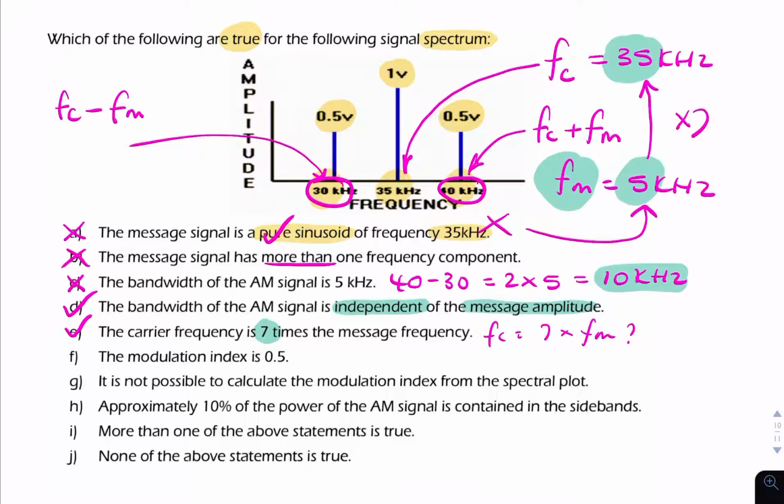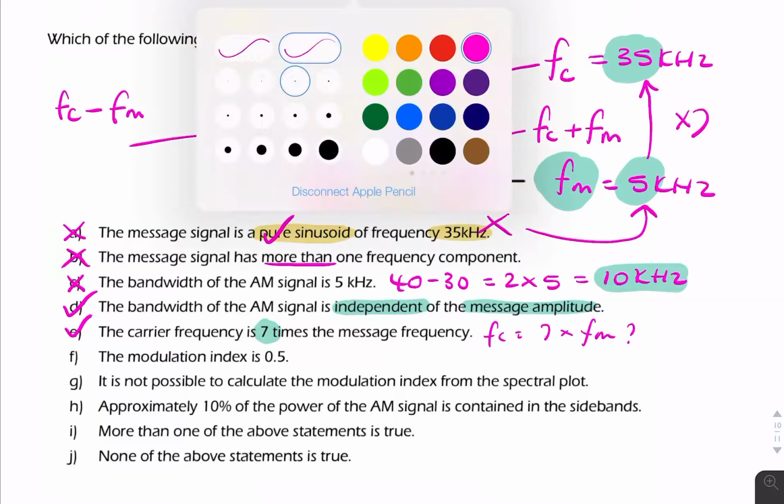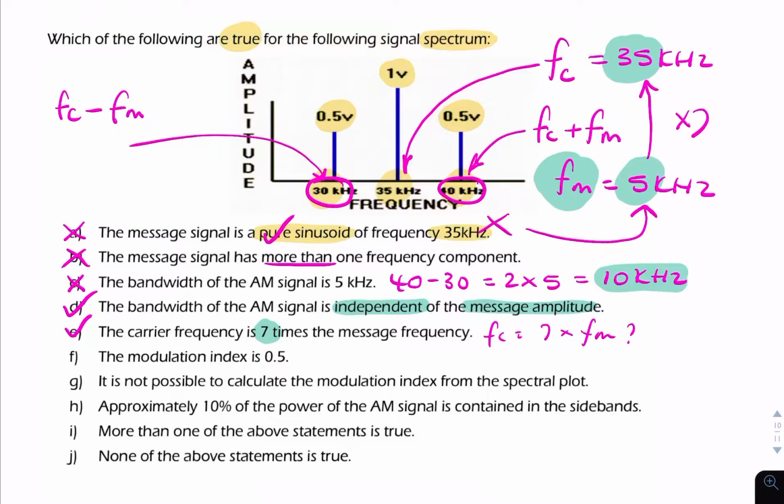Well, how would we determine that? When looking at an AM signal, you would expect s of t to be equal to a carrier term plus 2 sideband terms. Let's make some space.